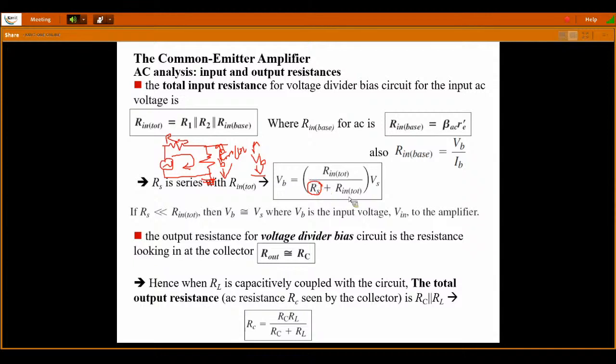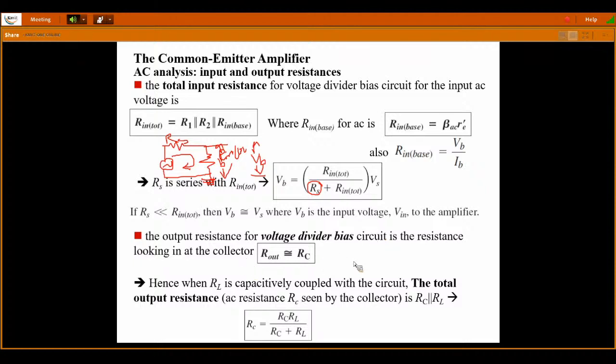Then Rin total and Rin total cancel, and the applied base voltage is approximately equal to the AC signal source. This is nothing but the input you are applying to the base of your amplifier.